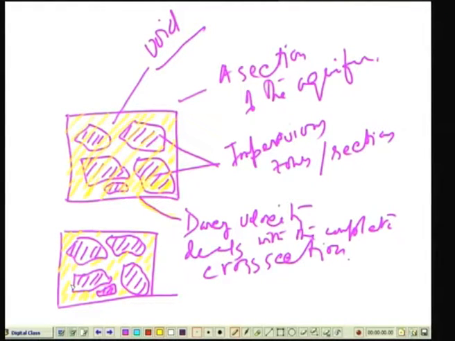So you can see the flow remaining the same, the velocity actually is higher. Since the cross section is decreased, the velocity will be higher. This is what you generally call the actual velocity.